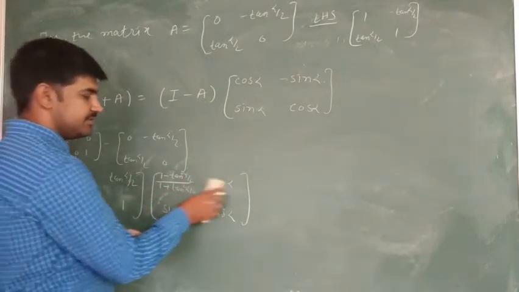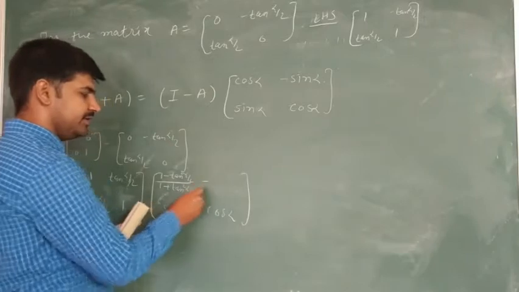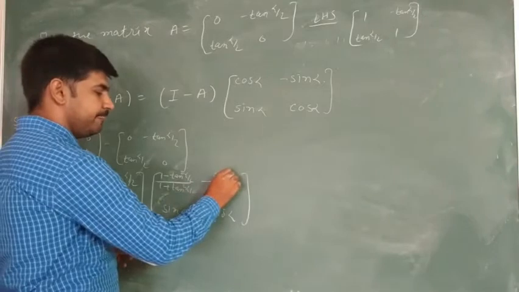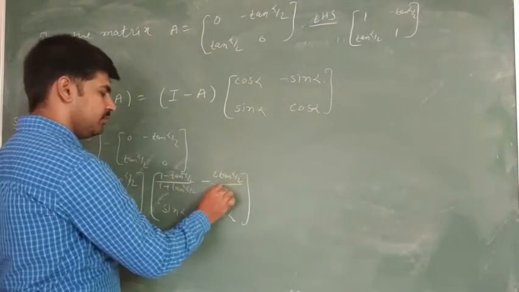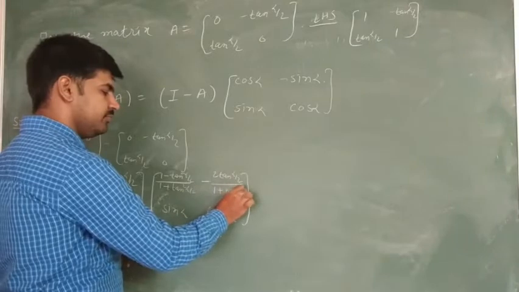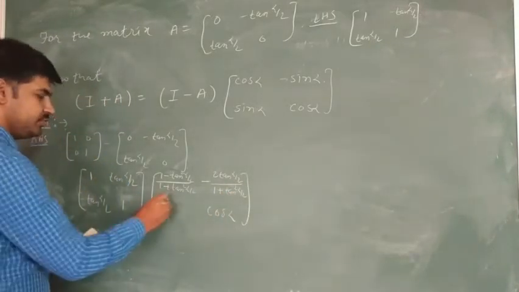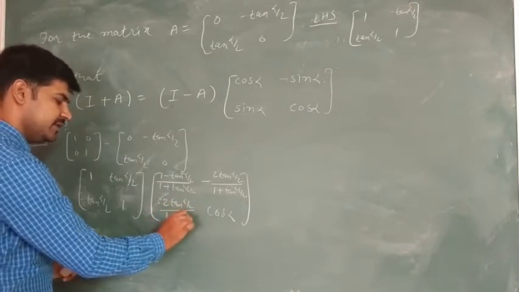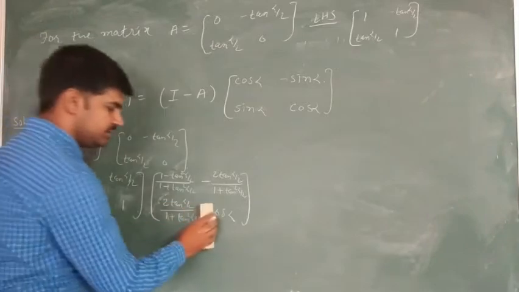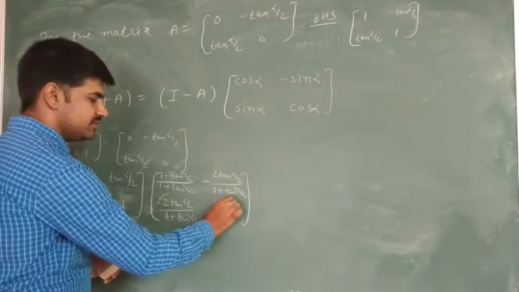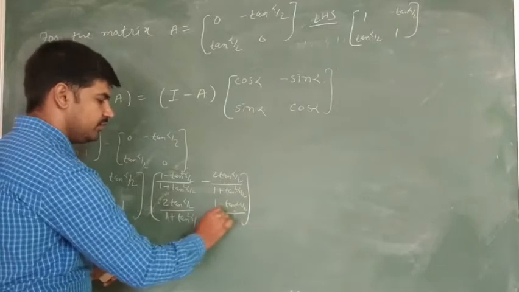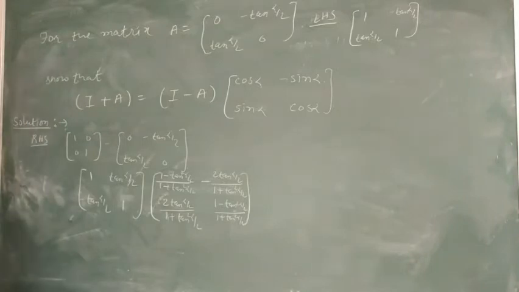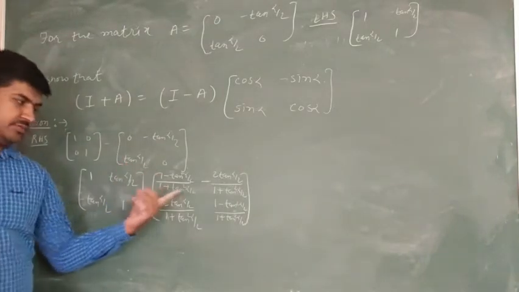Sine alpha in terms of tan alpha upon 2 is 2 tan alpha upon 2 upon 1 plus tan squared alpha upon 2. And this one is 1 minus tan squared alpha upon 2 over 1 plus tan squared alpha upon 2. I hope you have understood how I have written those terms.